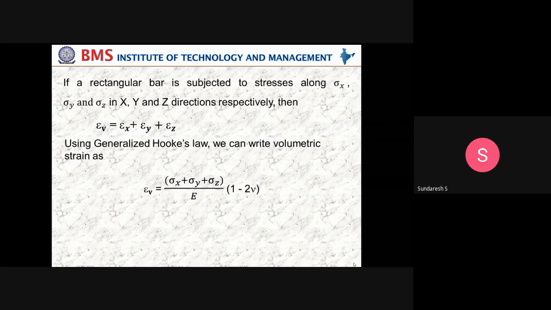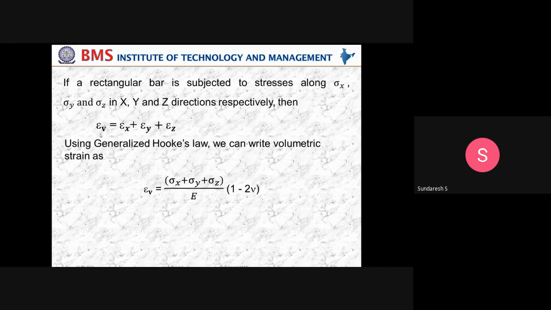Am I right? Now, by using generalized Hooke's law, we can write the volumetric strain as, see, this is the important conclusion we have arrived at. So the volumetric strain is epsilon x plus epsilon y plus epsilon z. This is the sum of the net strains along x, y, and z directions respectively.